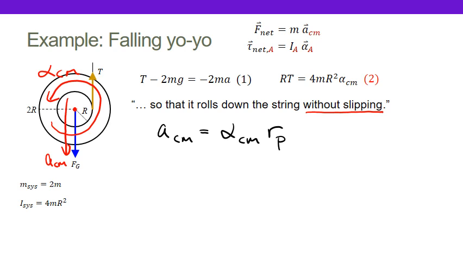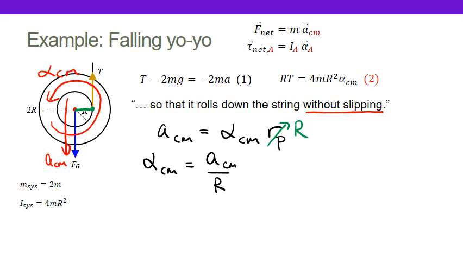Now for our system, the point that isn't slipping is the point where the string attaches, and the center of mass is of course the center, and so this distance from the center of mass to the point that's not slipping is capital R. And so I get that my angular acceleration is just my acceleration, which is also the acceleration of my center of mass, divided by this R distance.